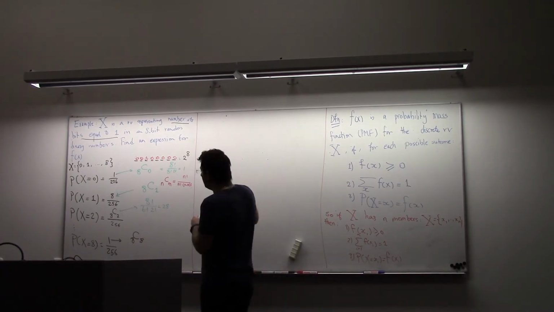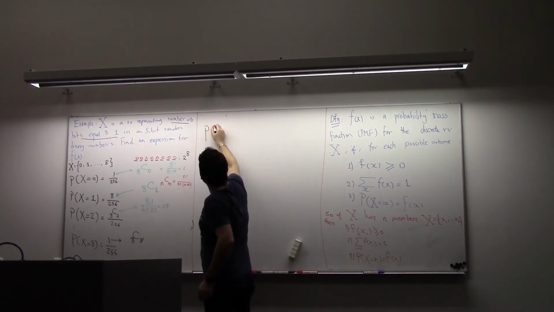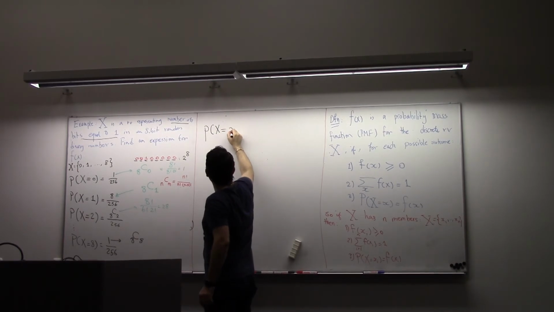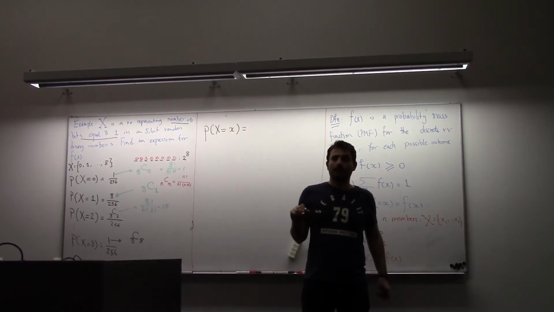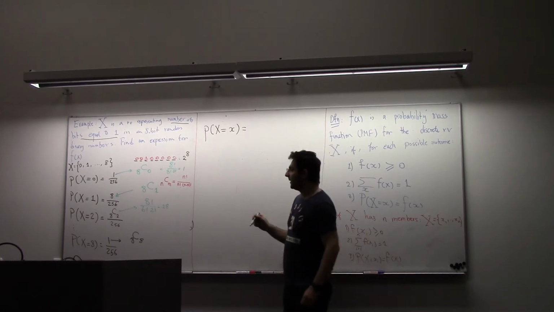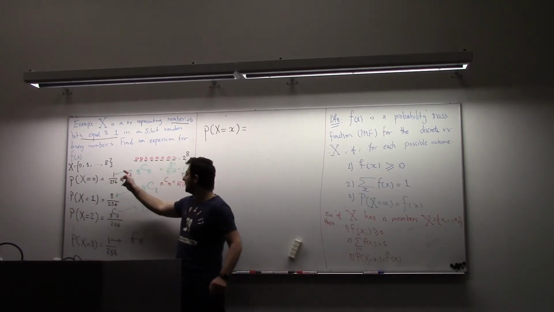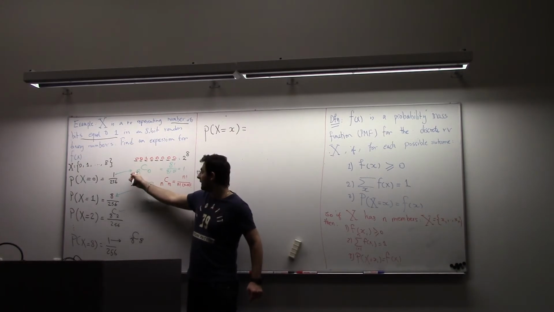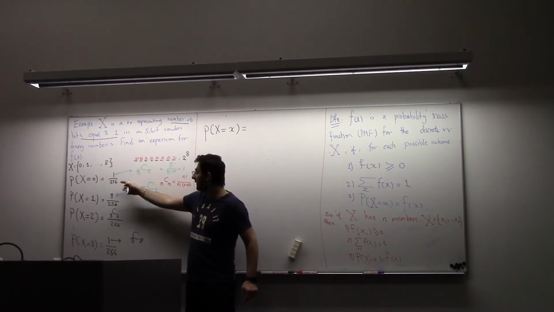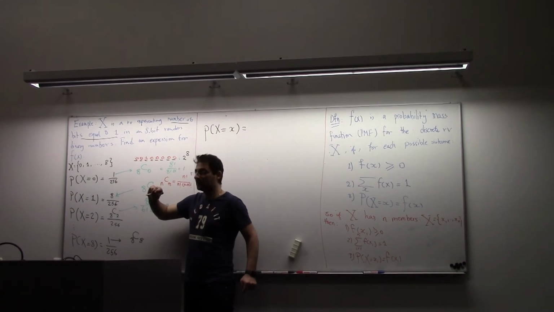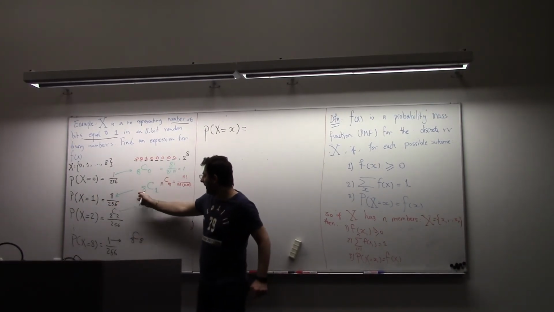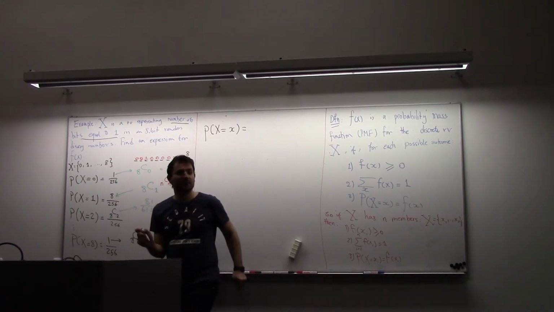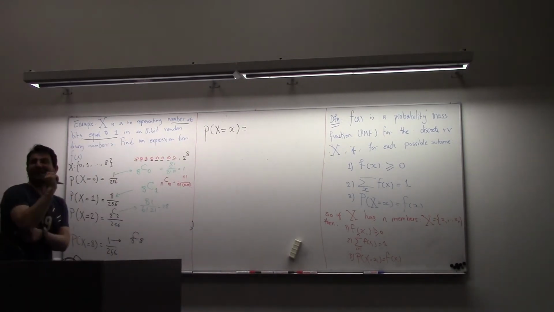Now, who can tell me what is the probability of x equal to x? The probability of x equal to 0 is the combination of 8 over 0 divided by 256. The probability of x equal to 1 is the combination of 8 over 1 divided by 256. So what is the probability of x equal to x?